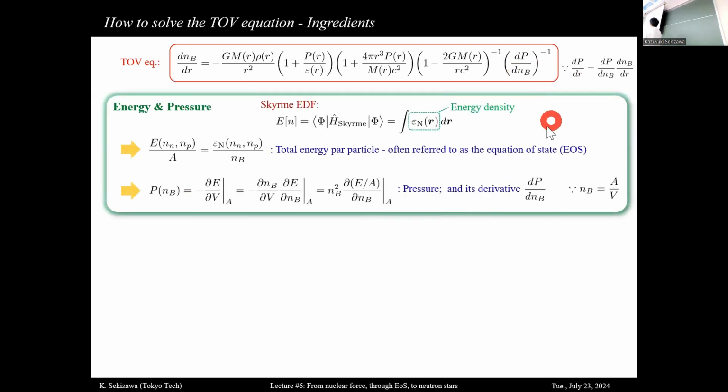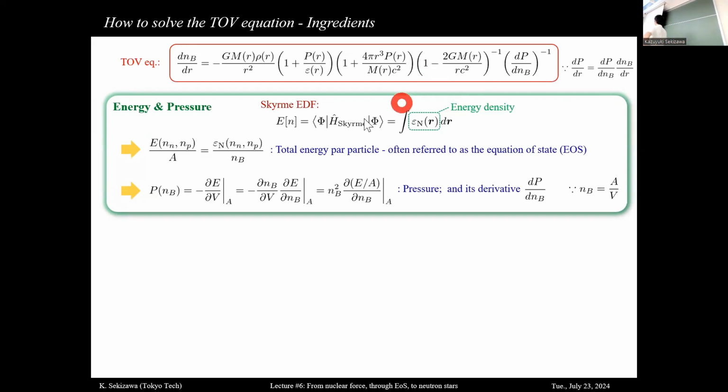For instance, we have the Skyrme energy density function. As I introduced, we can apply an effective density-dependent nuclear interaction and use the Slater determinant to take the expectation value. And it provides us some kind of energy density function, which is actually regarded as an EOS.